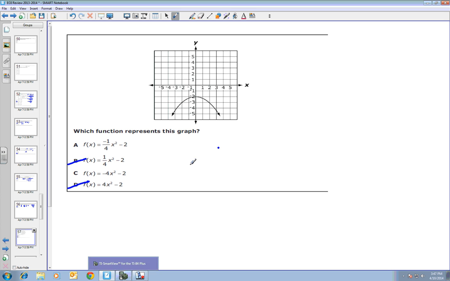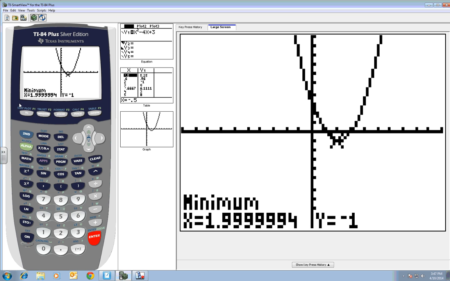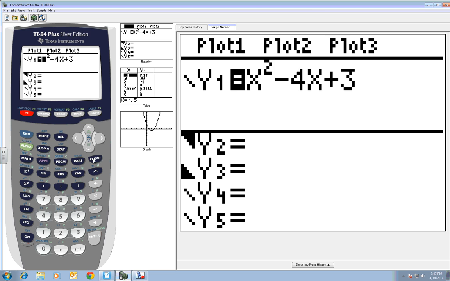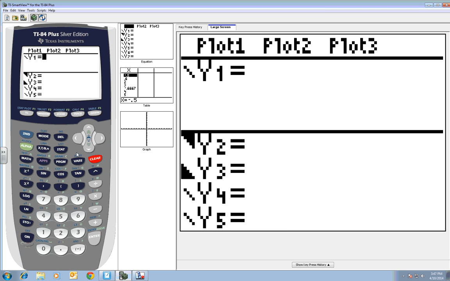Now, when we graph it, see their window? Their window isn't from negative 10 to 10. It starts at negative 6 and goes to 6 on the x and y axis. So we may want to change our window so that it matches up better. So I'm going to put this in our y equals first. I'm going to put in a. So a is negative 1/4. And I'm going to put that negative 1/4 in parentheses.